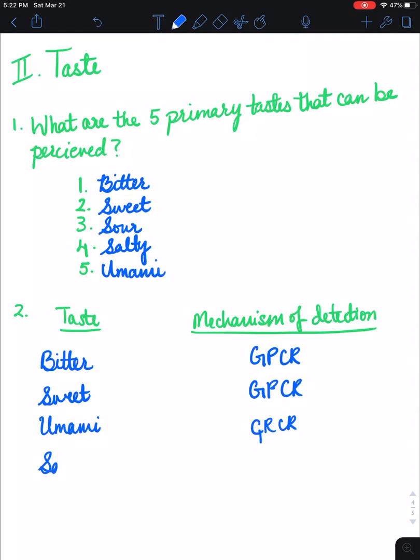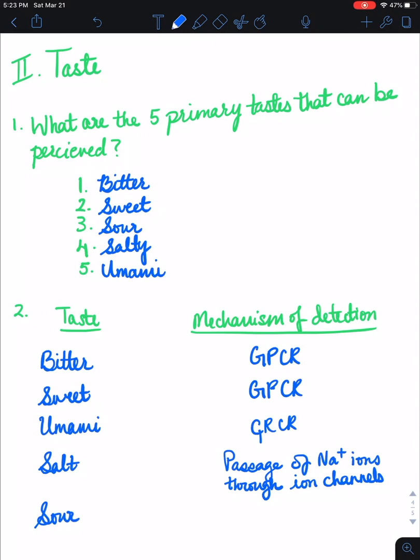So with salty tastes, the mechanism of detection is passage of sodium ions through ion channels. And for sour tastes, these tastes are detected by the effects of hydrogen ions on ion channels.